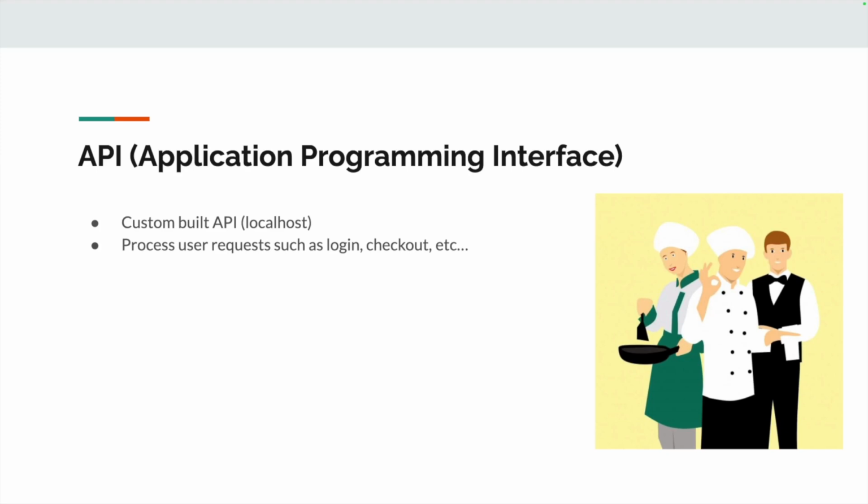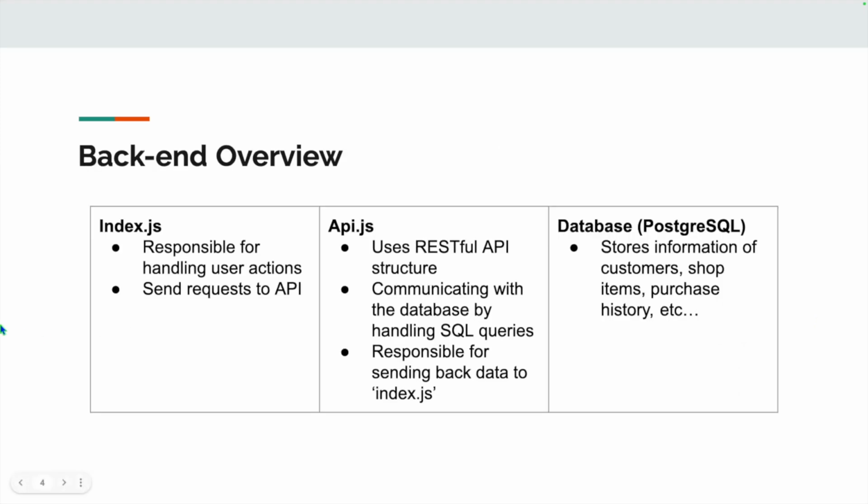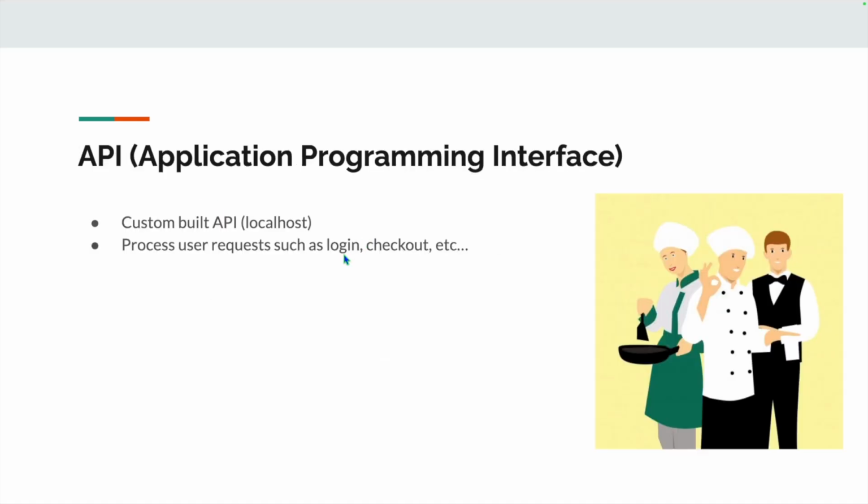So like I mentioned, the index.js is responsible for responding to user actions like clicking a button or going to a link, but it's actually the API.js that will handle the process of verifying information, such as verifying the login information, or accessing purchase history, or tracking an order.